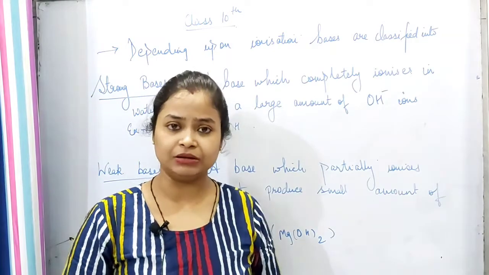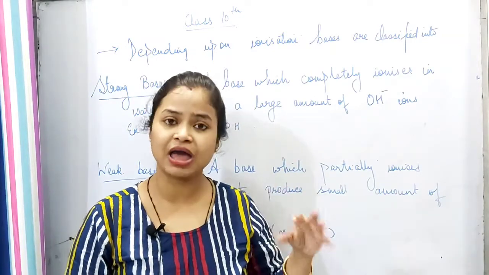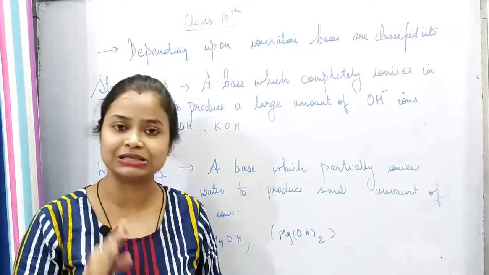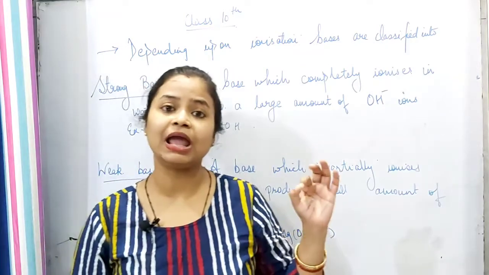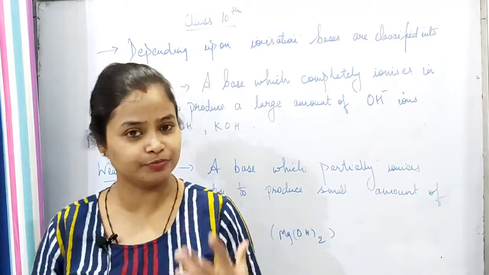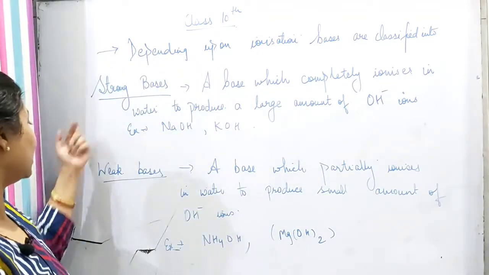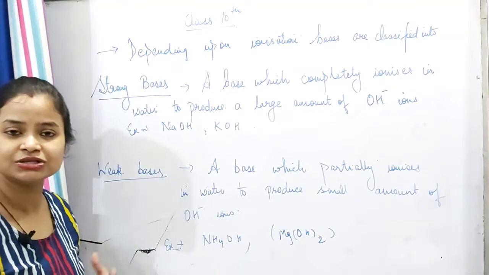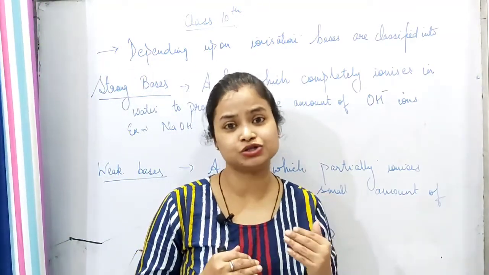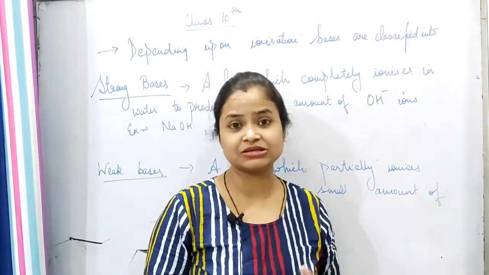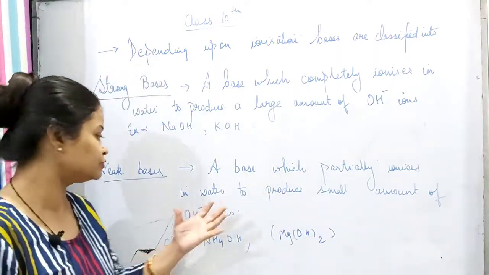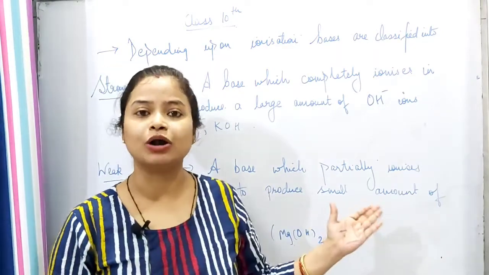Now what does it mean completely ionized? If I have 100 molecules of NaOH, then 100 molecules of NaOH will dissociate to give 100 Na plus and 100 OH minus ions. That is a strong base. But the other one, the weak base, as the name suggests, is weak. That means it will ionize only partially. Those bases which partially ionize to give the corresponding OH minus ions are called weak bases.